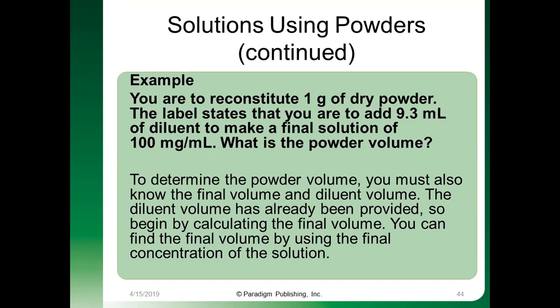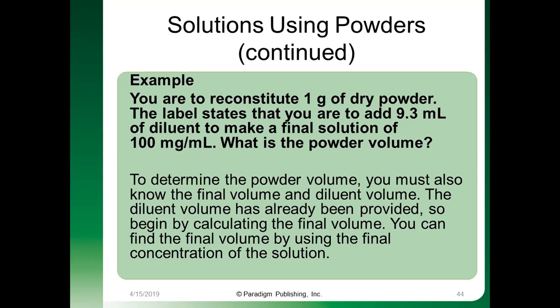So next example, you are to reconstitute 1 gram of dried powder. The label states that you are to add 9.3 mLs of diluent to make a final solution of 100 milligrams per mL. What is the powdered volume?